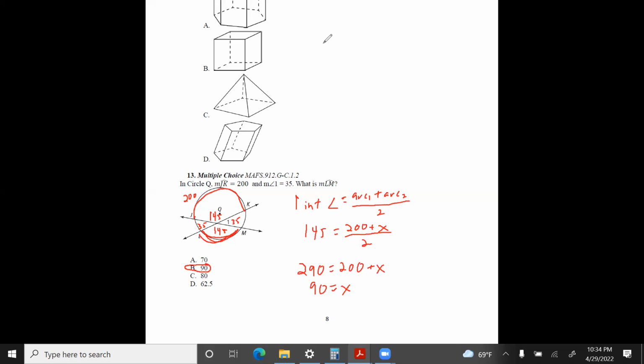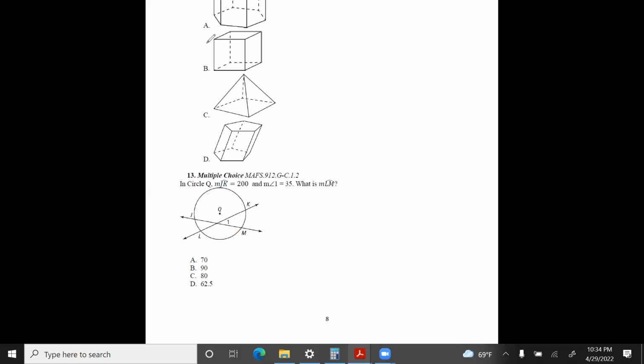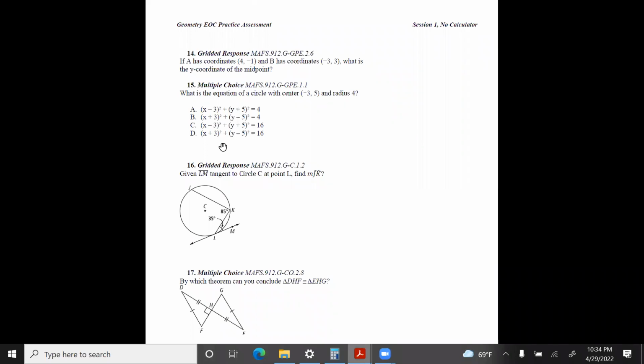All right, moving on to the next one, we got 14. It has endpoints, and it gave us the endpoints for A and B. What is the y coordinate of the midpoint? They don't ask us about the x value at all.